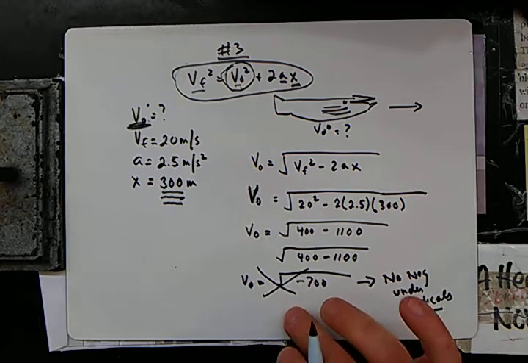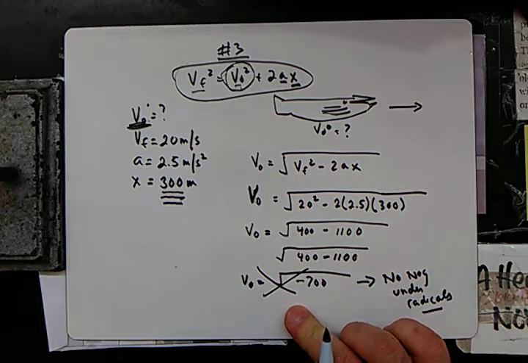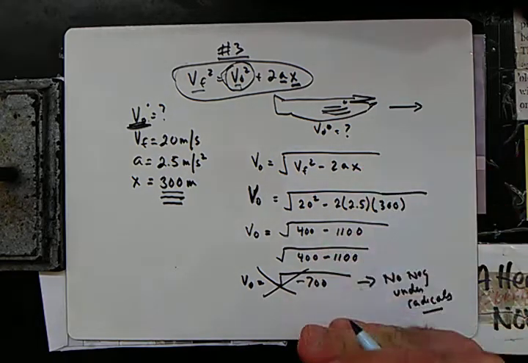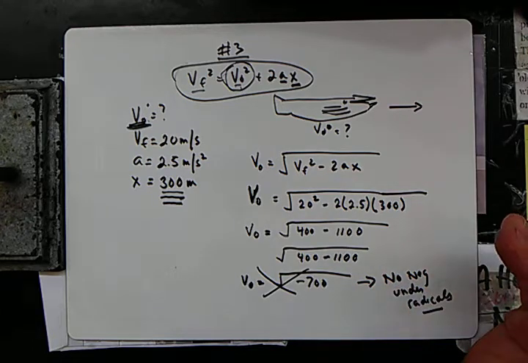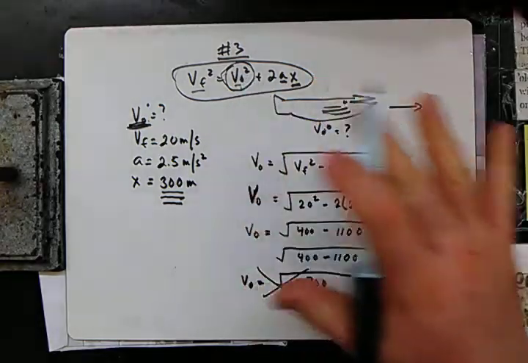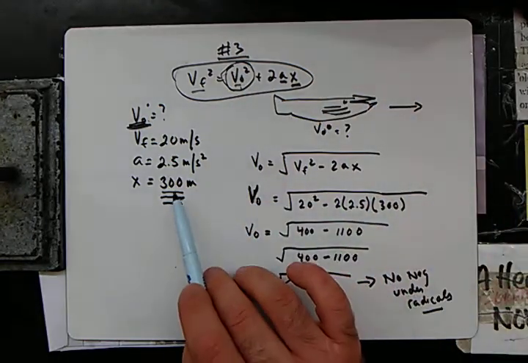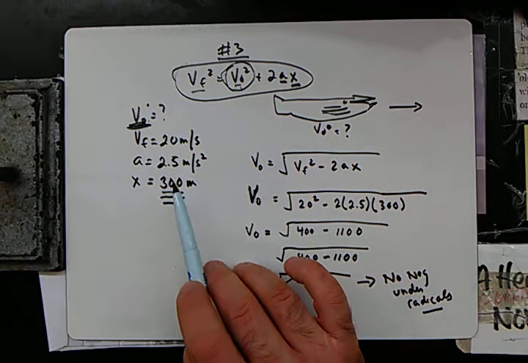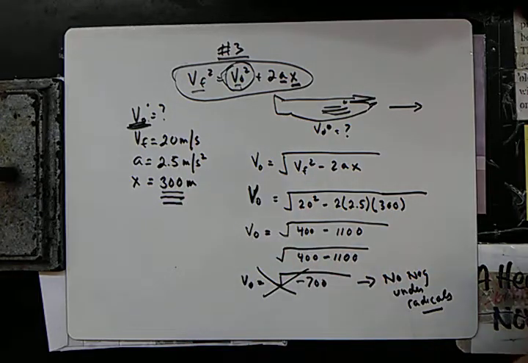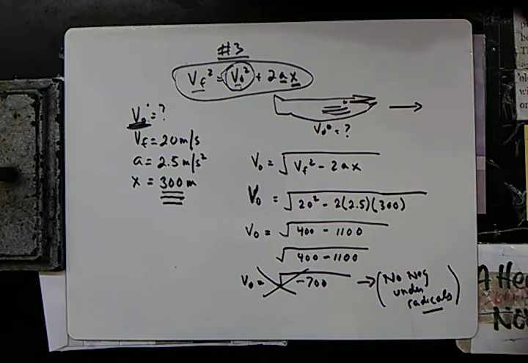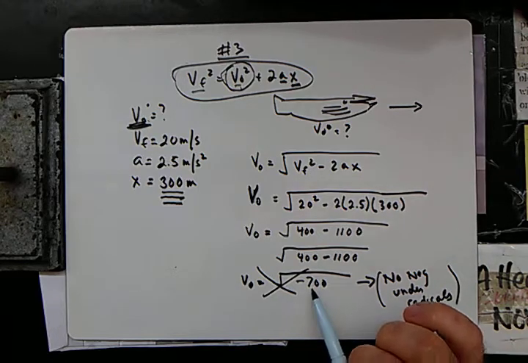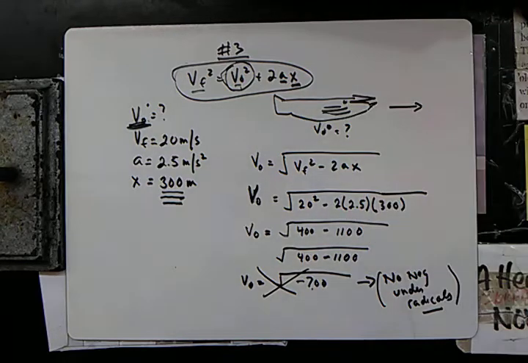So the answer to this is one of your choices, like 'can't be solved in this situation,' because it cannot cover 300 meters in this amount of time. This would be a tricky type of question, but let's make it more realistic and change a couple of variables. The takeaway is you can't have a negative radical, so this doesn't work.